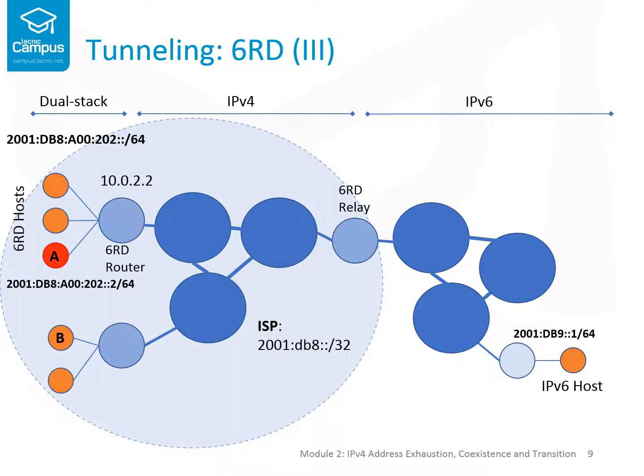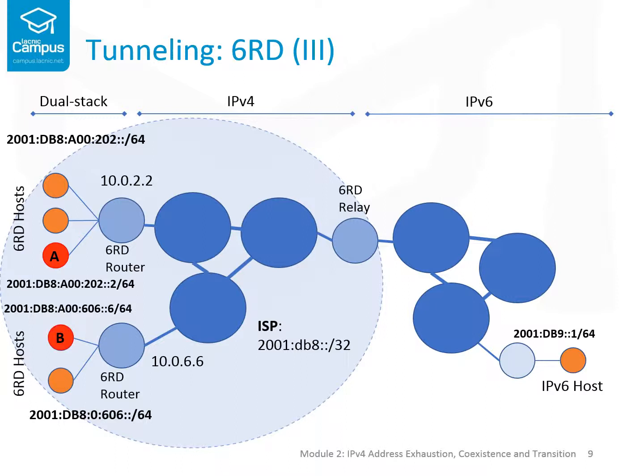Likewise, with any other 6RD router within the scope of the ISP with an address, for example, 10.0.6.6, we would follow the same process to create a /64 prefix, which we would use to address host B, which would have an address ending in 6.